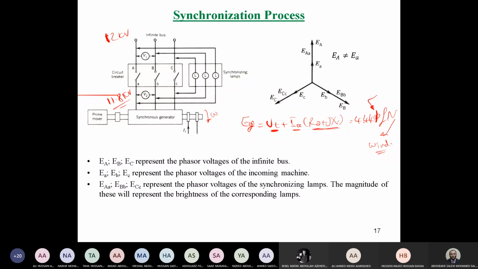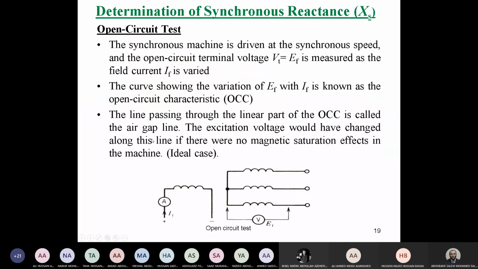I'm not sure about the E360 lab, whether in the recorded video you saw the lamps or the synchroscope device in our lab or not. However, we have this experiment in our lab in another course, and we could fulfill the synchronization condition easily. Right. So this is regarding synchronization.